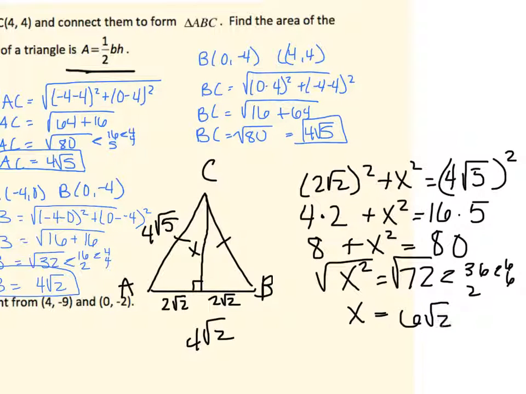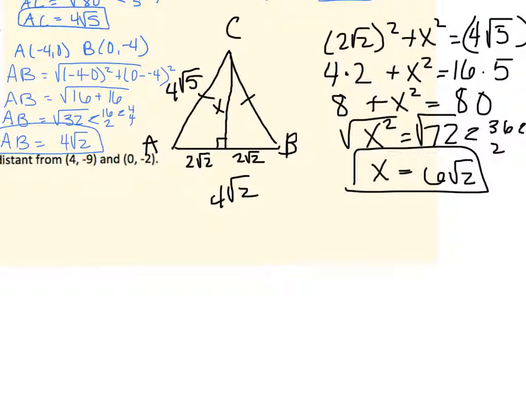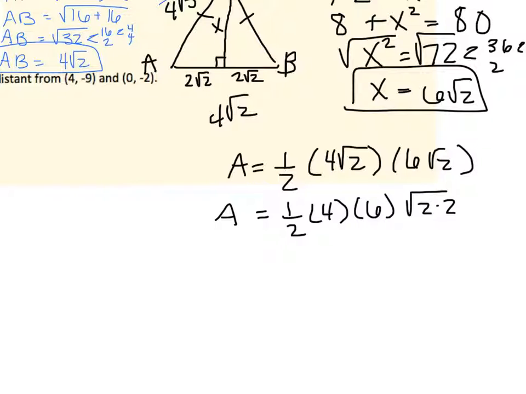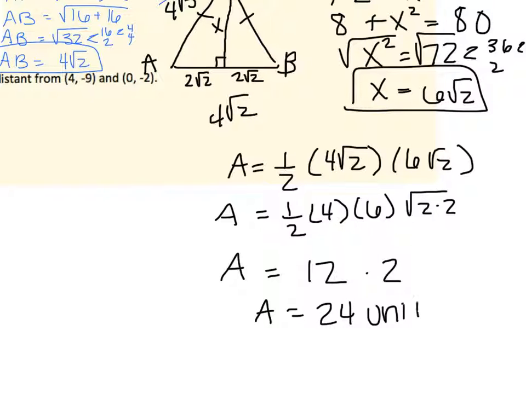So 6√2 is the height, which leaves the area to be determined by area equals 1/2 the base, the whole base, which is 4√2, times 6√2. When you're multiplying with radicals, you can multiply the numbers, so I'll multiply 1/2 times 4 times 6, and then I can multiply the radicals, 2 times 2. So area equals 12 times 2, which is 24 units squared.